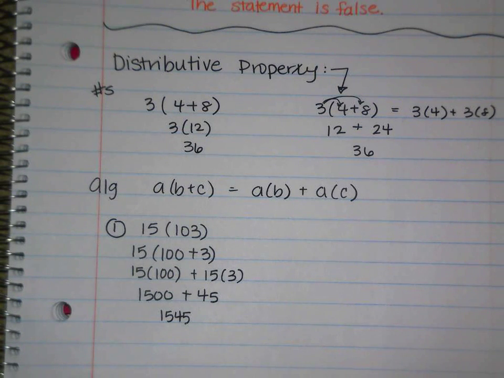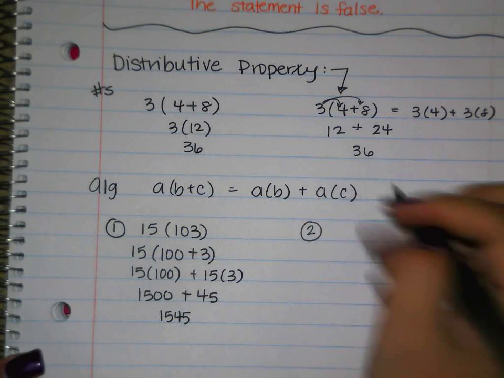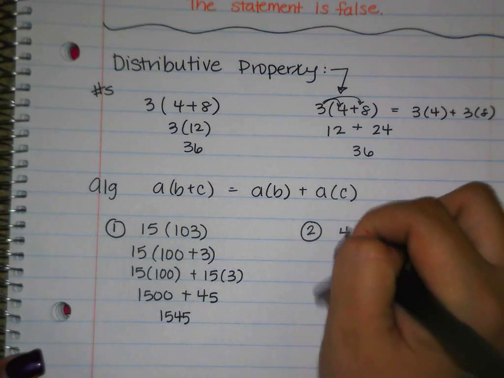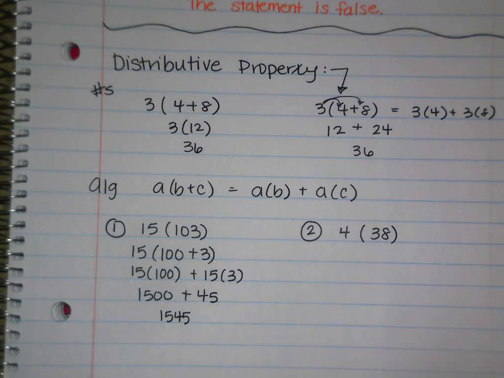So breaking that larger number up into two and then multiplying by both of the add-ins makes it a little easier to do. Okay, so let's look at another one. What if we have 4 times 38? Well, I could do 4 times 30 and 4 times 8, but I also see that that's just 40 minus 2, right?